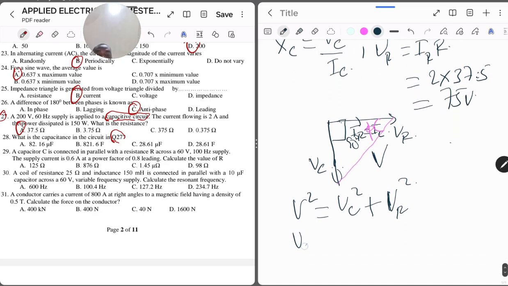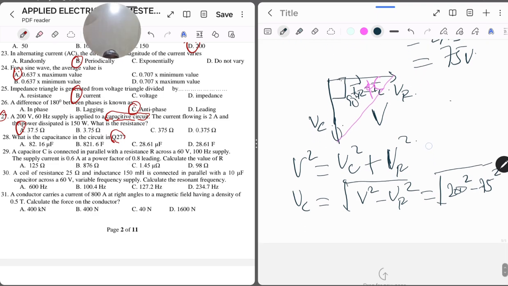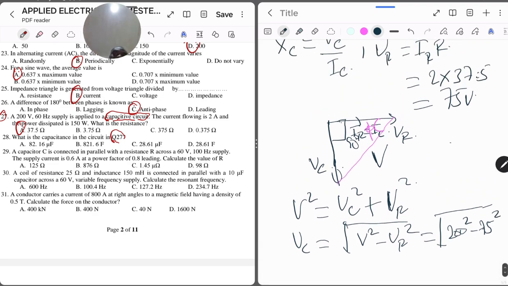Now I can find VC, which is going to be the square root of V squared minus VR squared. The voltage supply is 200 squared, VR is 75 squared. So I have 200 squared minus 75 squared, and then we take the square root.